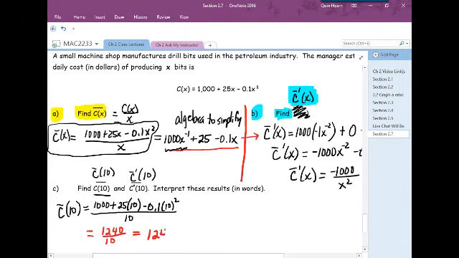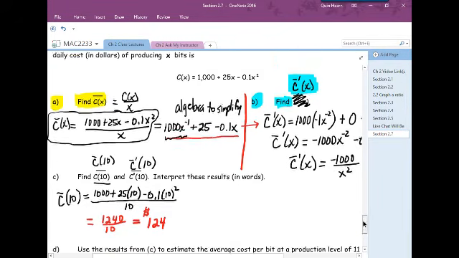So that's $124. All right, so you've got this machine shop and it's costing you $124 to produce x units. Oh, sorry, 10 units.